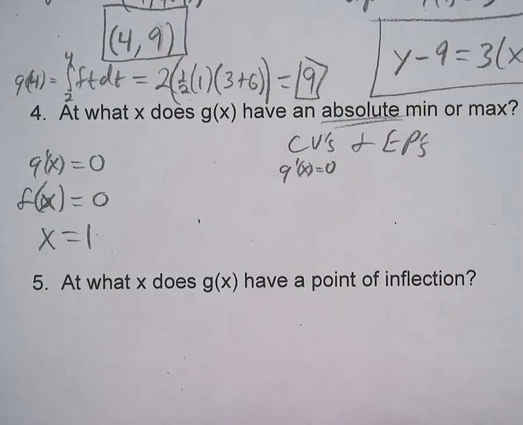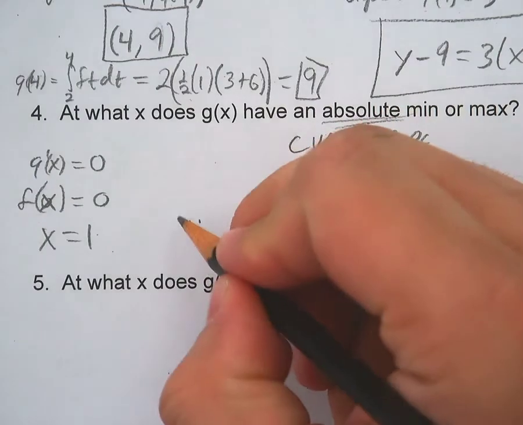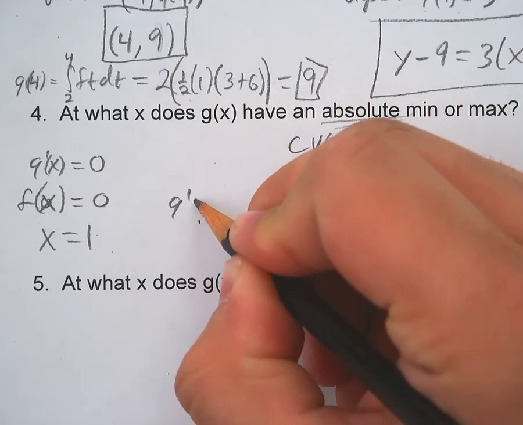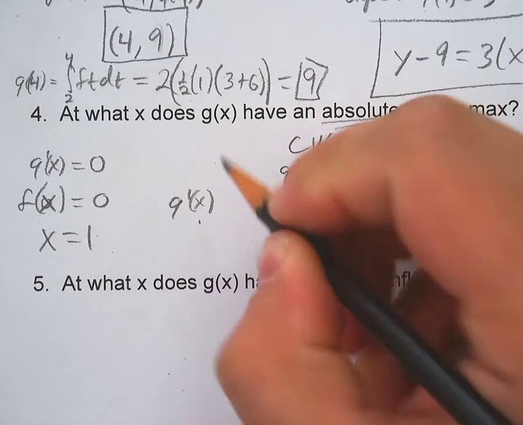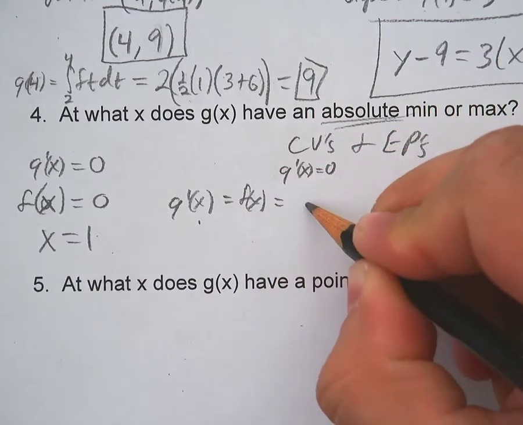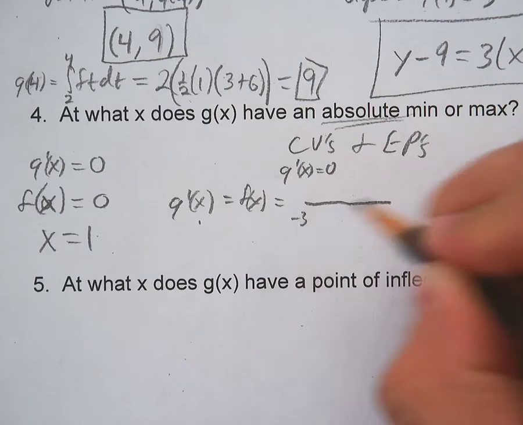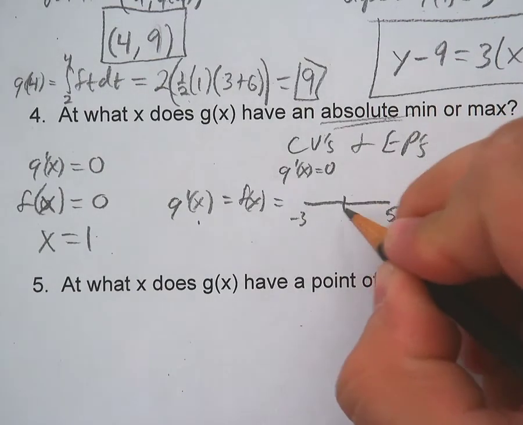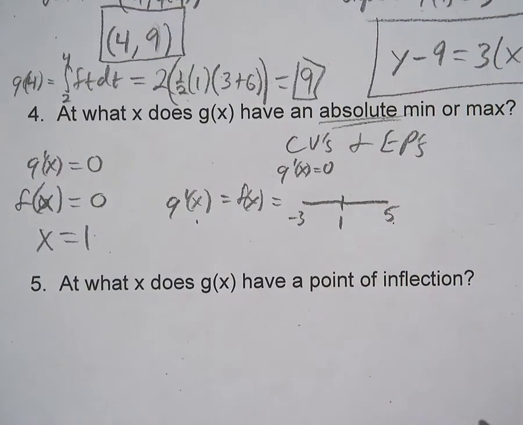So let's test 1 and make sure that it is in fact either a maximum or a minimum. So g prime of x, which is f of x, I'm going to test somewhere between these points.